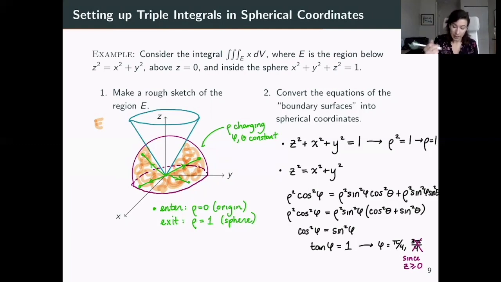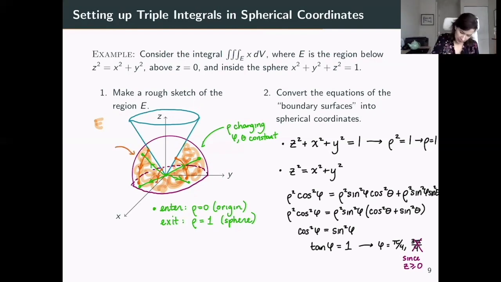So say I want to think about my change in my phi. Phi is going to be the variable that gives me my angle from the z-axis. And so my changes are going to look like this. Here I start and I leave, I start and I leave, and so forth.